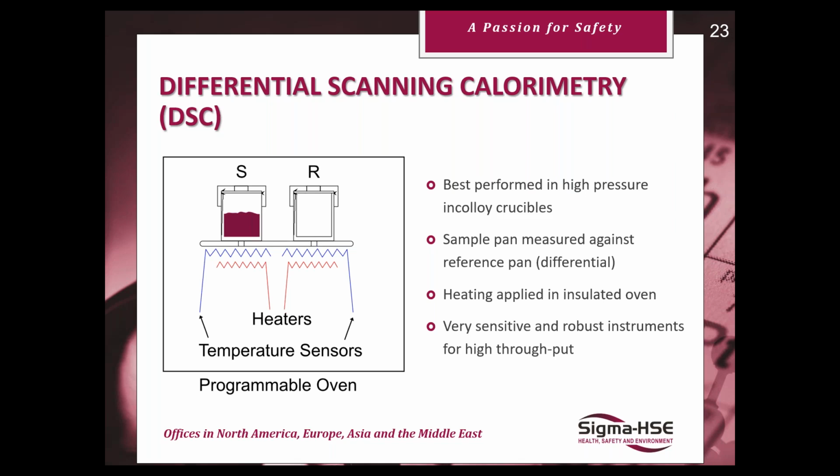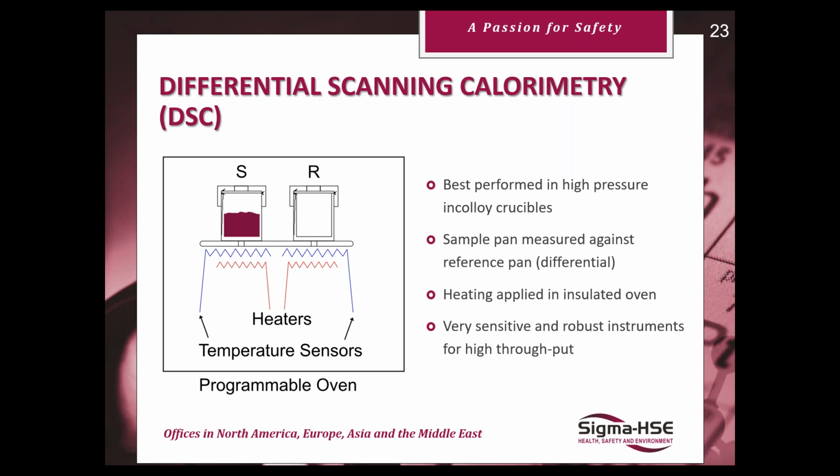Because of the really small amount of sample compared to the mass of the actual crucible, the phi factor is much higher than some other adiabatic tests. So this is more indicative of potential chemical reaction hazards rather than an absolute quantification of things like enthalpy and exothermic onset temperature.